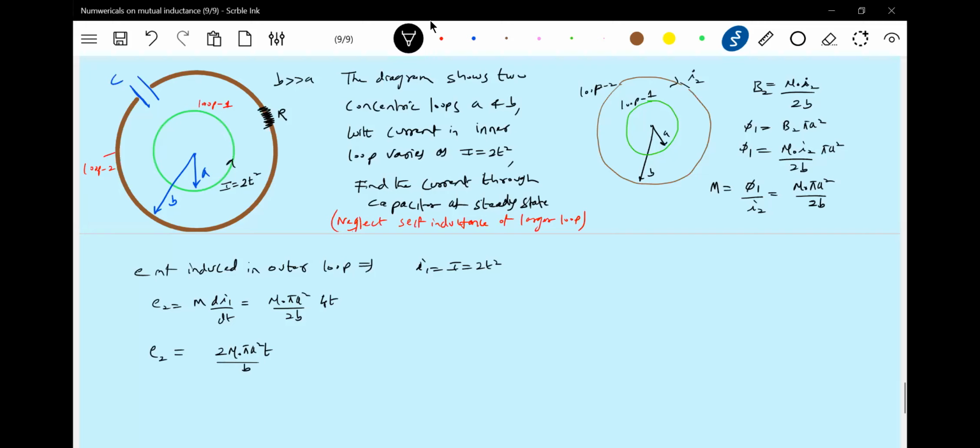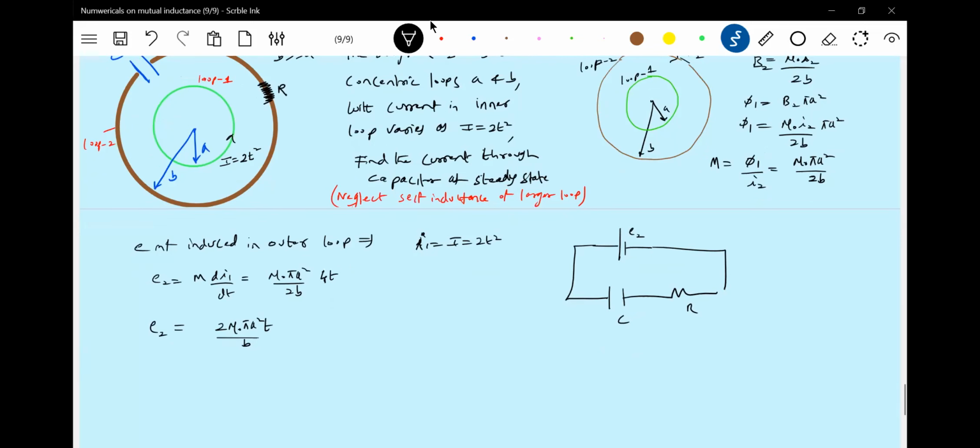Okay, now we are in a better position. So there will be a cell, a capacitor, and a resistor. We have to work this out very carefully. This E2 we know. Now he's asking to find the current. Okay, let's write the equation.